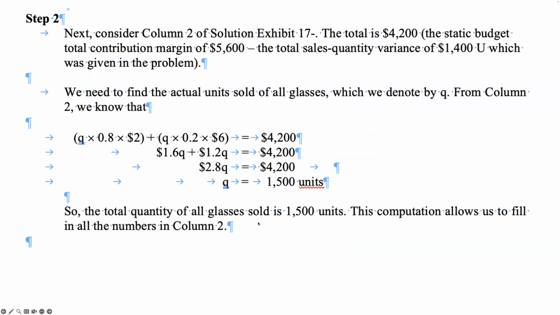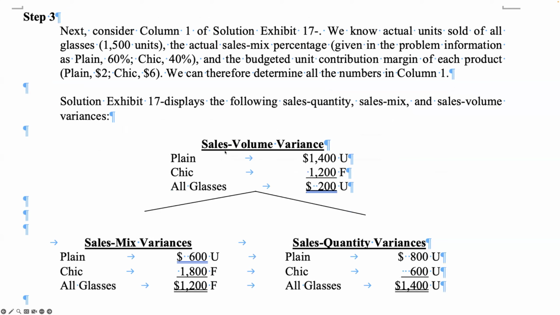So in order to calculate all these, the sales volume variance, sales mix variance, and sales quantity variance, you need to know a bunch of things, right? You need to know the actual production, you need to know the actual mix, and you need to know the budget production and the budget mix, right?